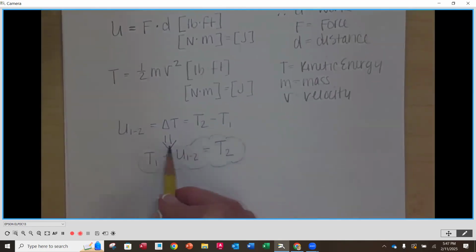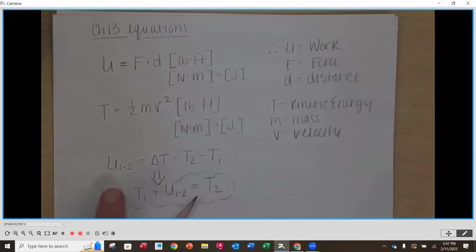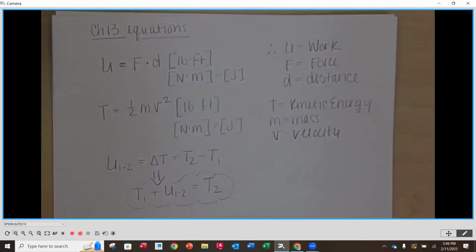This is kind of like the form that we're going to see the book use a lot. Now, the units on either side, we can set those equal to each other because indeed the units are the same. So it's going to be important as we start our problems that we get things in common units like pounds, feet, Newton, meters, whatever the system is that we're in, so that we end up with the correct units in the end.